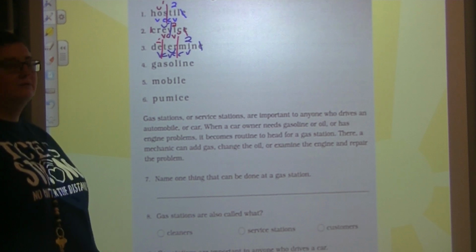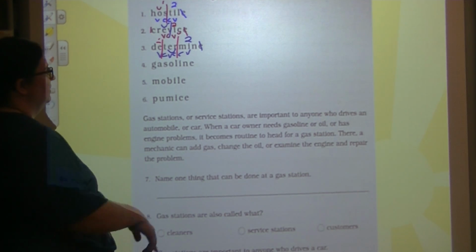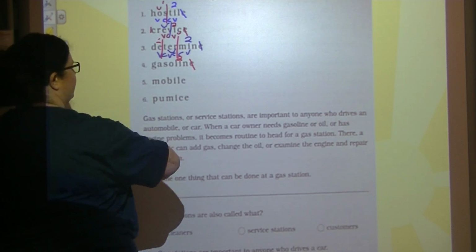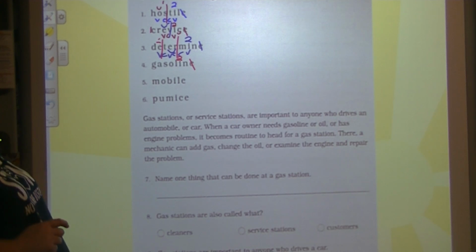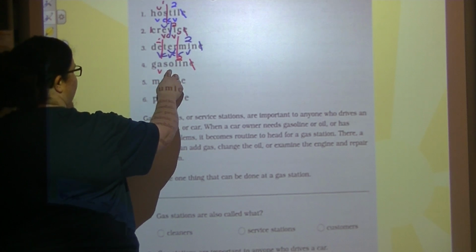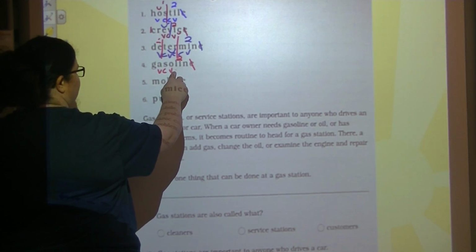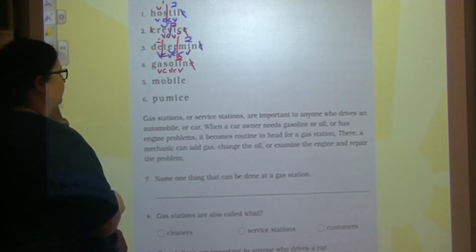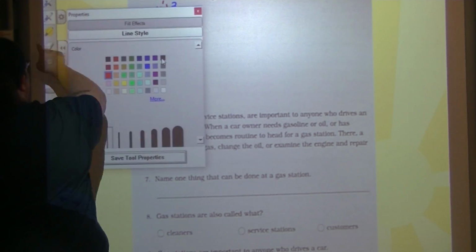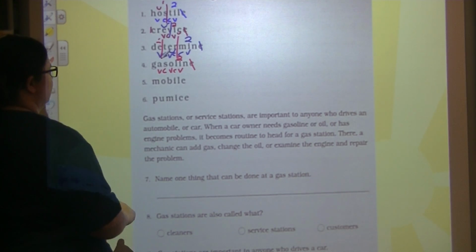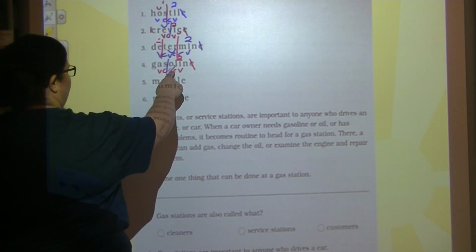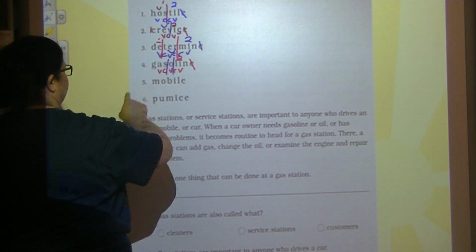Number 4. I-N-E. So you need a schwa sound on that I. It's the French ending. We have vowel, consonant, vowel, consonant, vowel. All right, so here we want to divide after the consonant. And here we want to do it after the vowel.